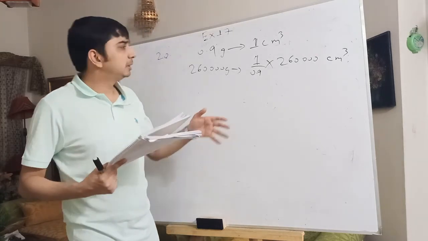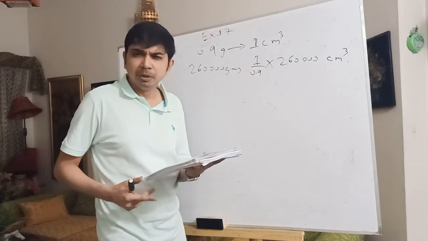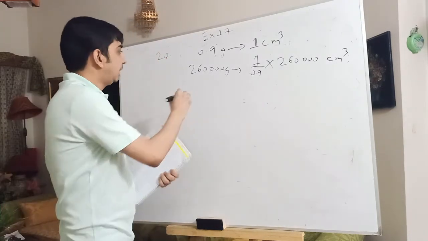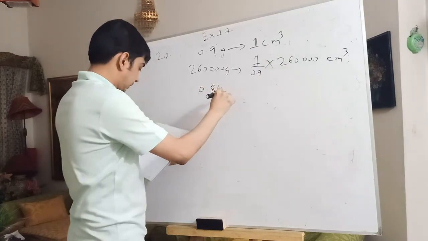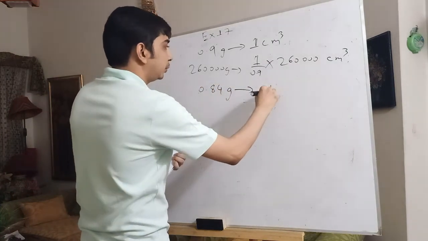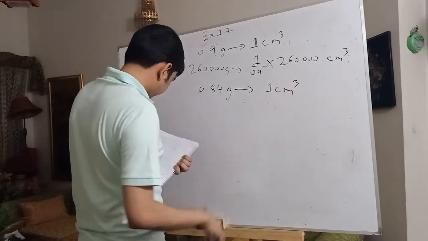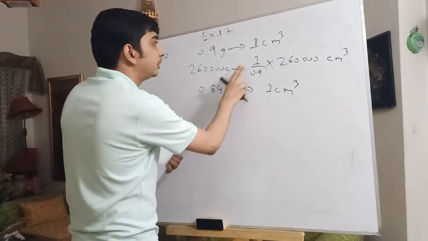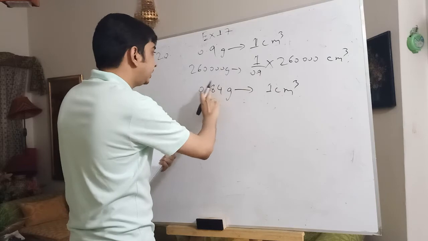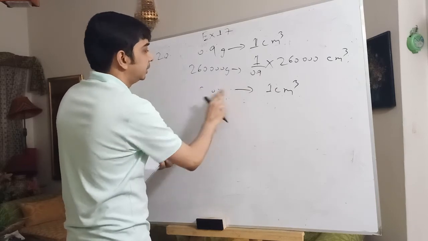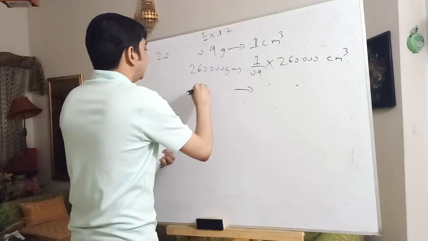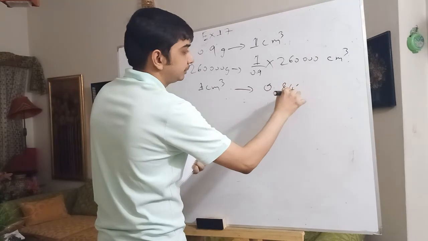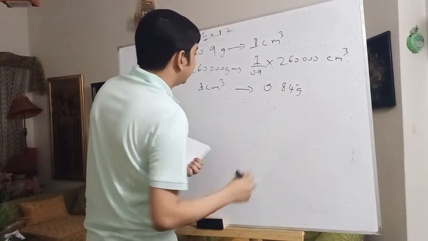Now the same volume is going to be occupied by petrol such that the density is 0.84 gram per centimeter cube. So let me write it the other way. 1 centimeter cube now is going to have a mass of 0.84 gram, because you have to find the mass. That's why I am putting it on the right hand side.